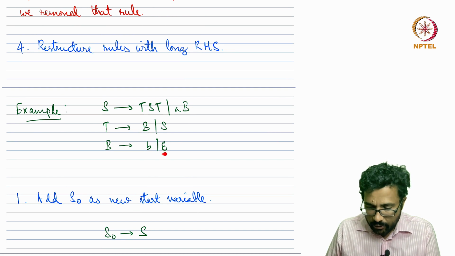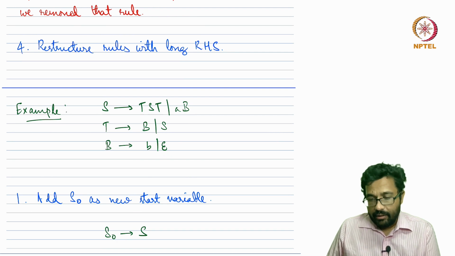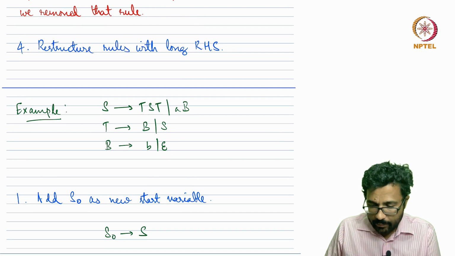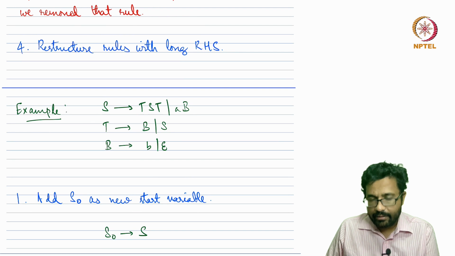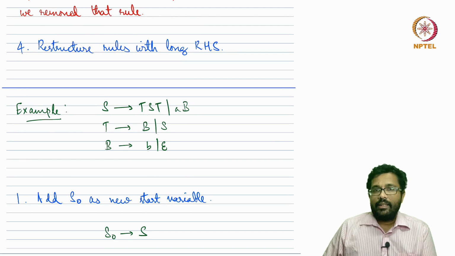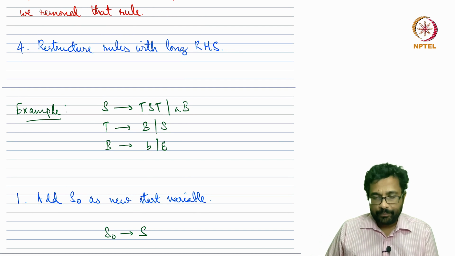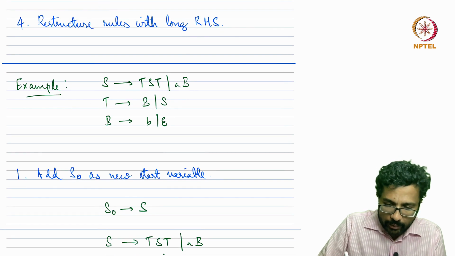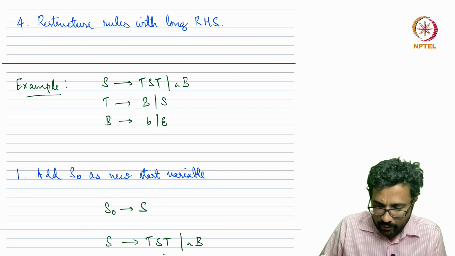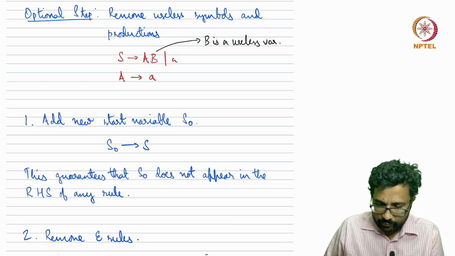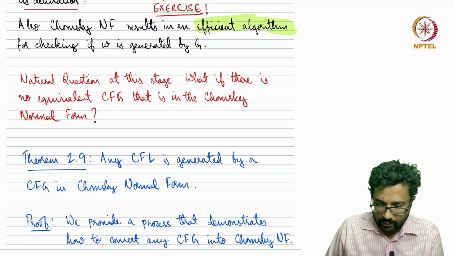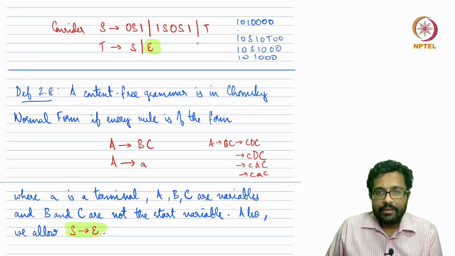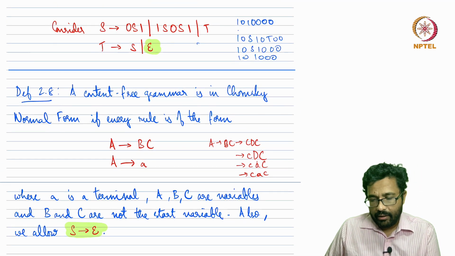There are epsilon rules, that is B gives epsilon, and the right hand side also has the start variable, S gives TST and T gives S. So there are many kinds of violations, and we will see how to fix all of this. We want all the rules to be of the form A gives BC, where B and C are variables, and A gives small a.